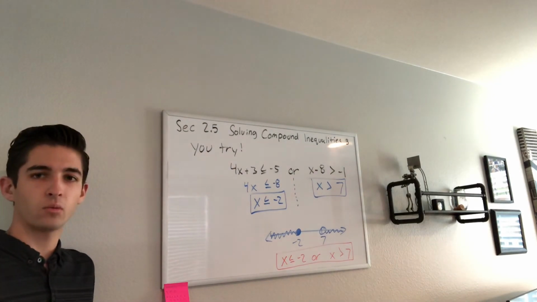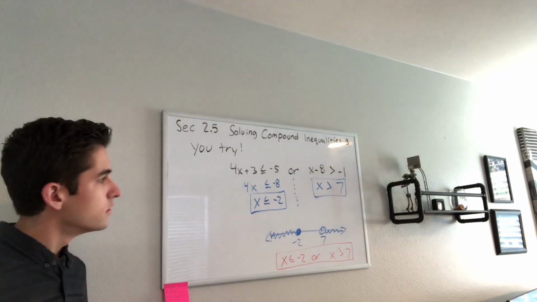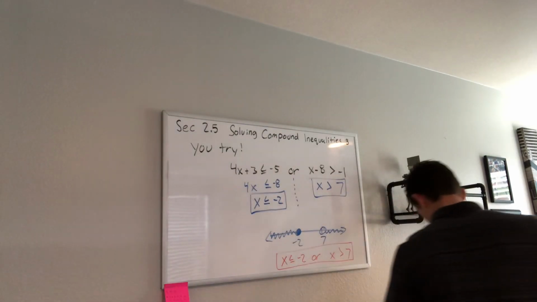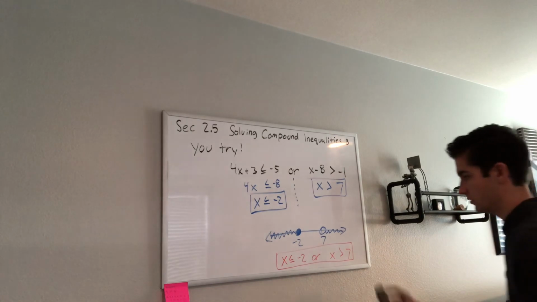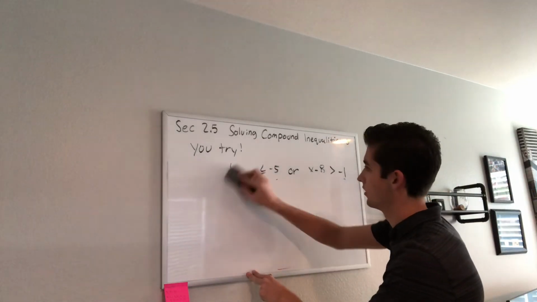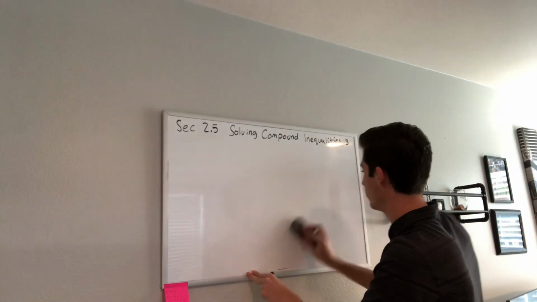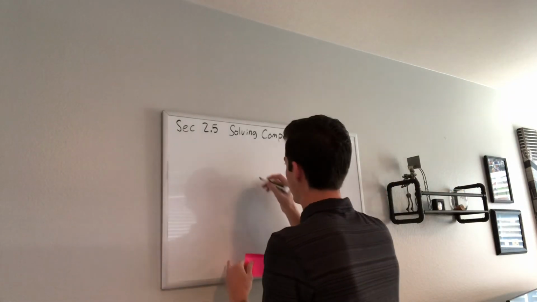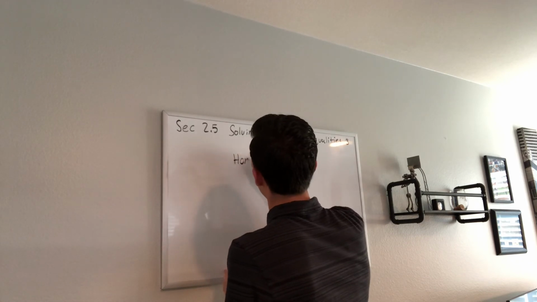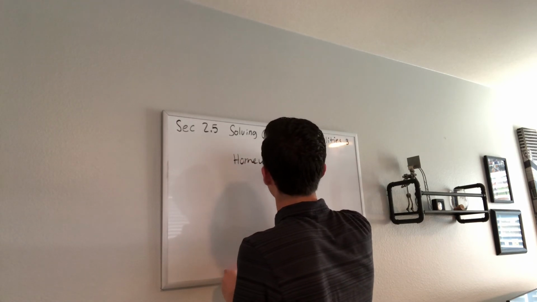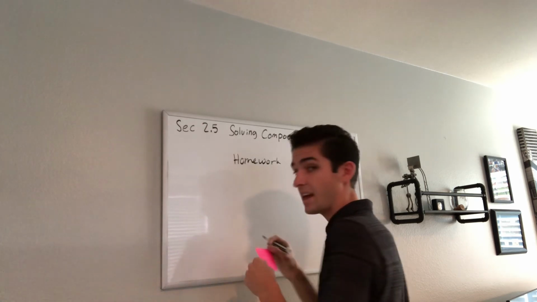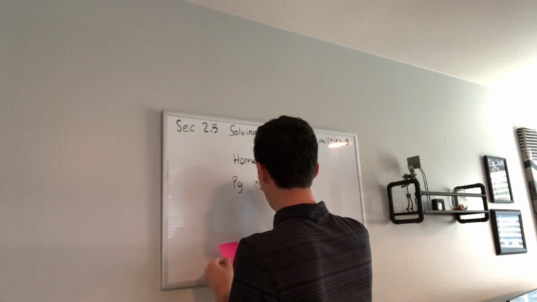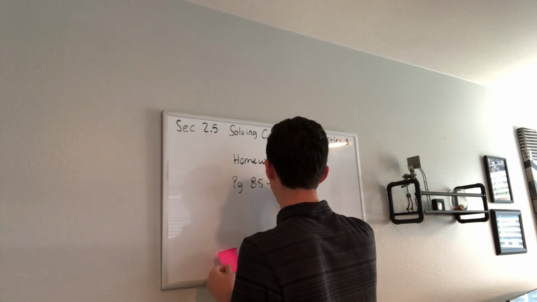All right, so you can check your work here for a second. All right, hopefully we all matched up. So, the homework for today is also going to be kind of all over the place because we are sharing the pages with the and category. So it's going to be the same as last night, page 85 to 86.